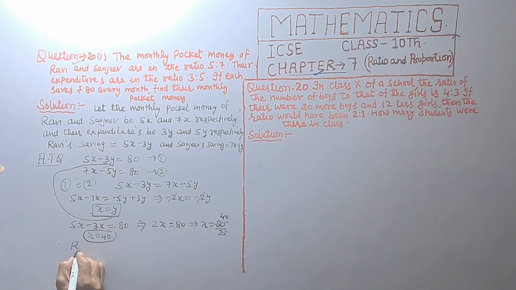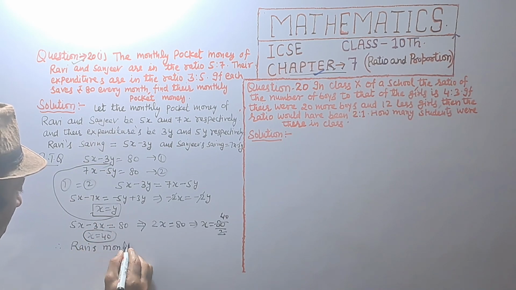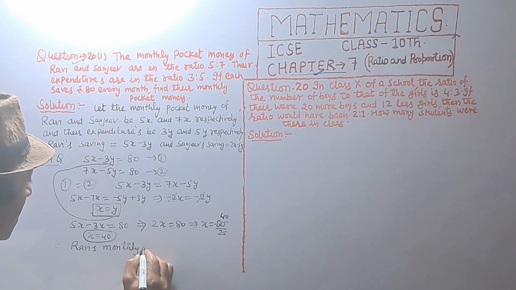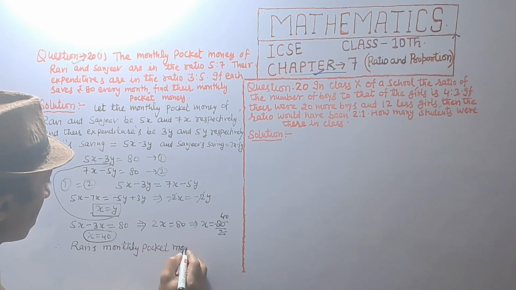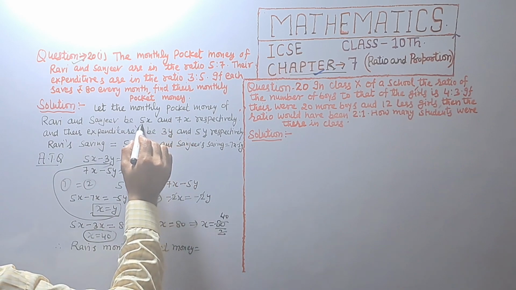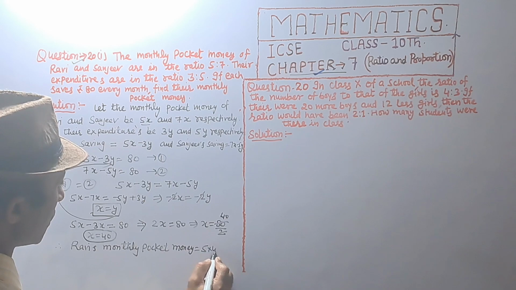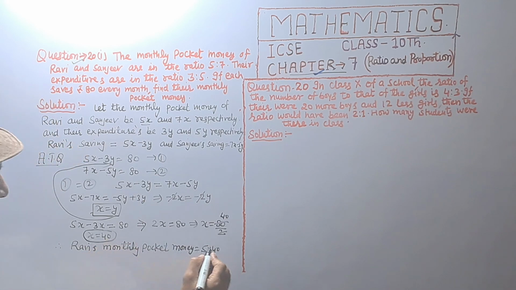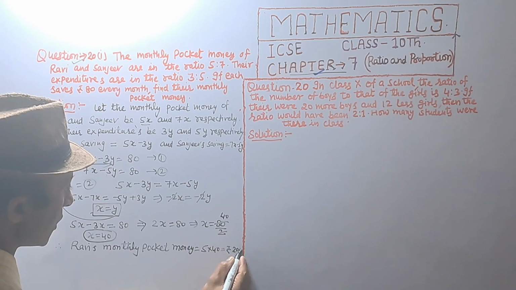So Ravi's monthly pocket money is equal to 5x. That is 5 into value of x, which is 40, that is equal to rupees 200.